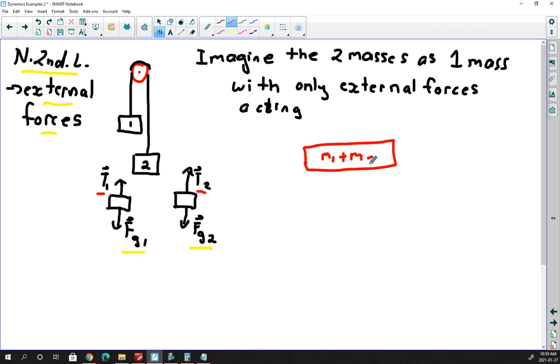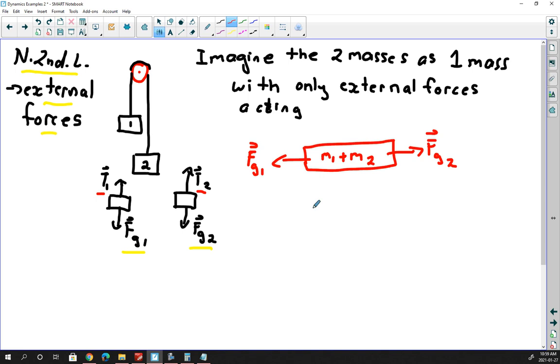Consider them together. And then the only forces acting on it are external ones. In one direction, we've got the force of gravity on the second object pulling it. In the other direction, there's the force of gravity on the first object pulling it. And imagine that they're operating on this idealized imaginary mass.